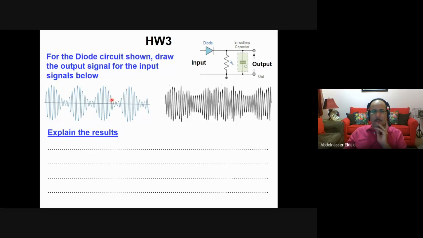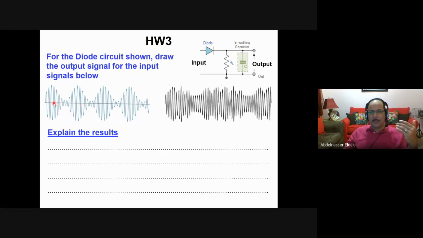And this can be used in some applications, for example, demodulation. This signal is called modulation in telecommunication. So if you have a modulated signal and you want to restore the signal after that, we call it demodulation. In this case, the original signal was just a simple signal like this.